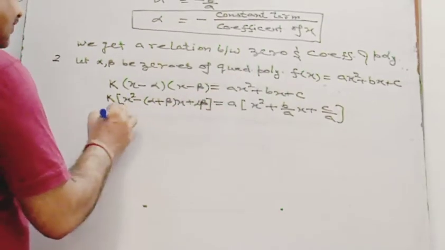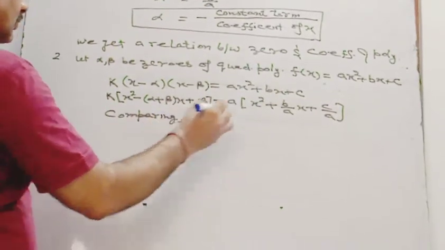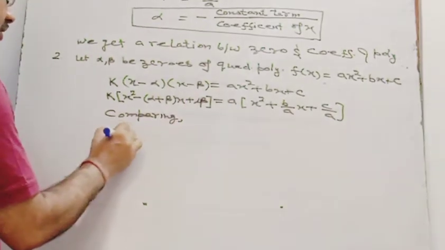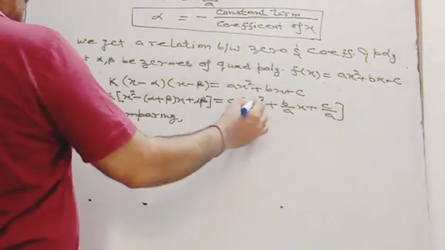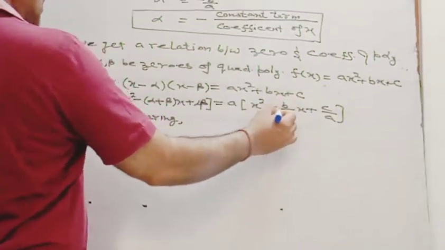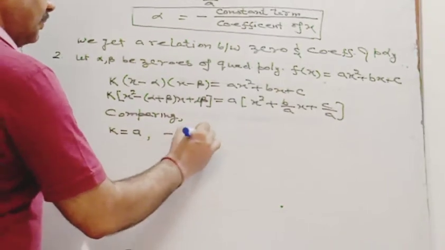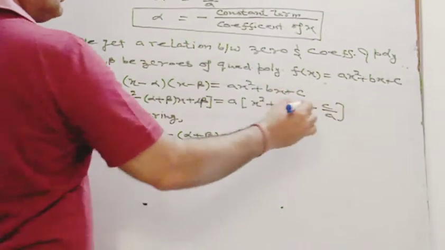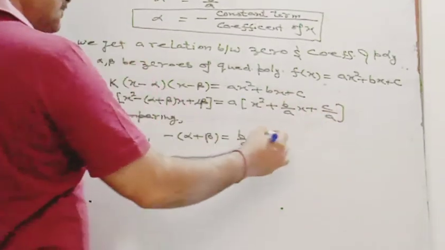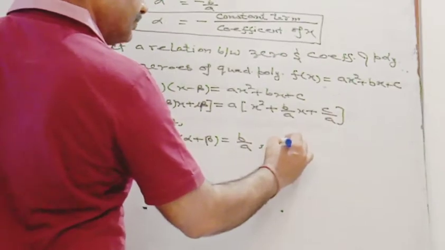Comparing on both sides, k is equal to a, and the coefficient of x is b/a, and here minus (alpha + beta). The constant term here is c/a, and on the left side it is alpha beta.